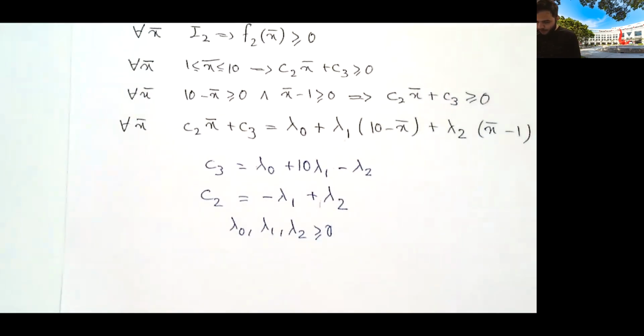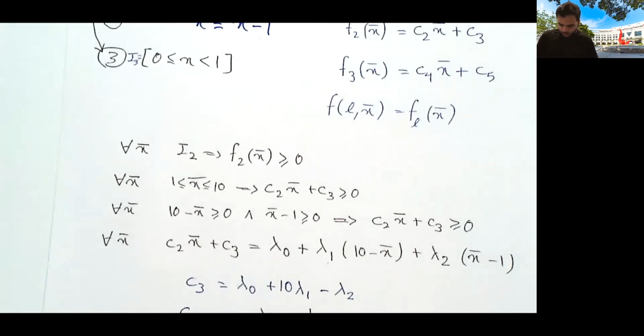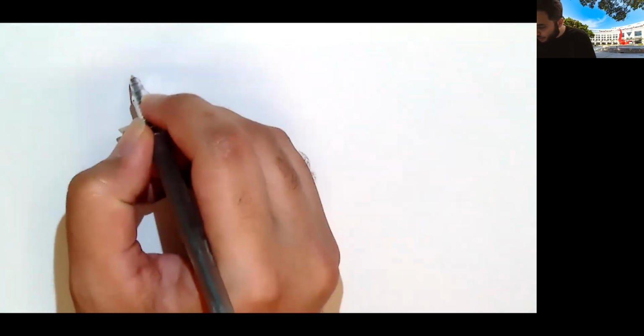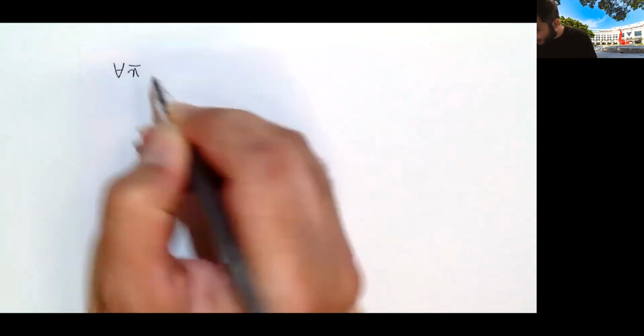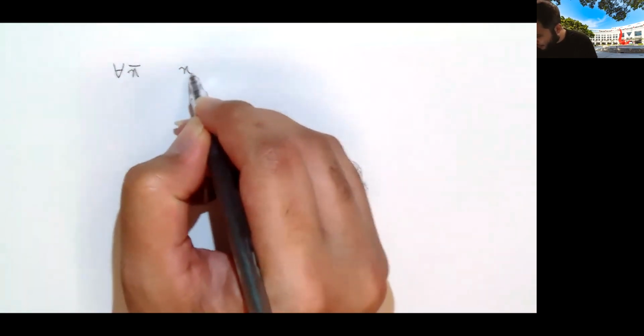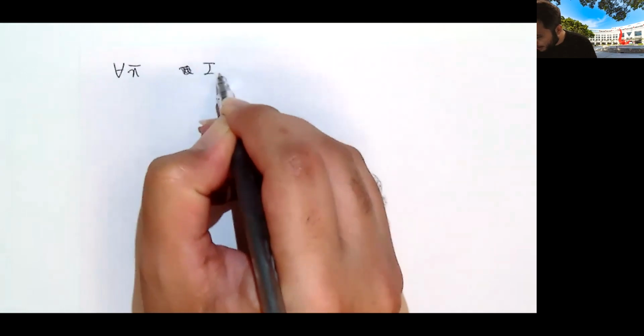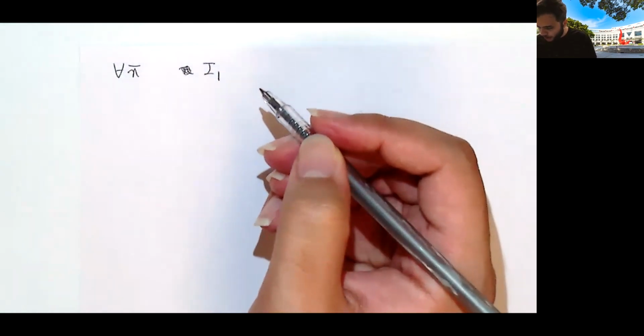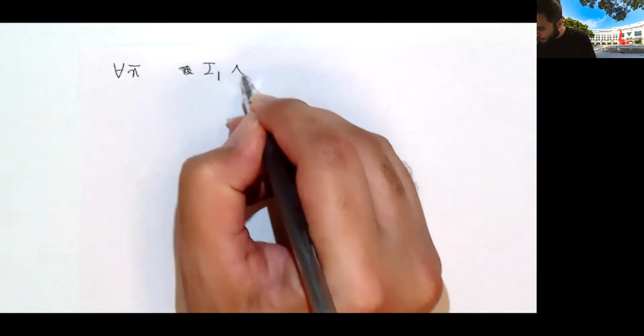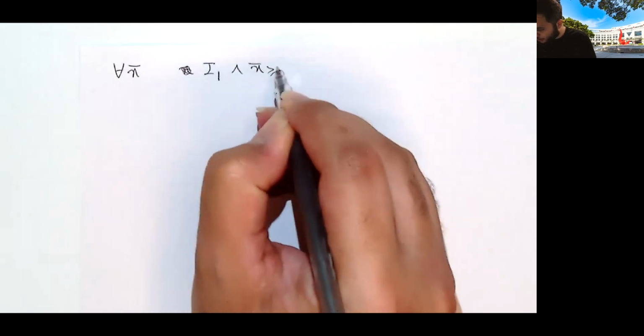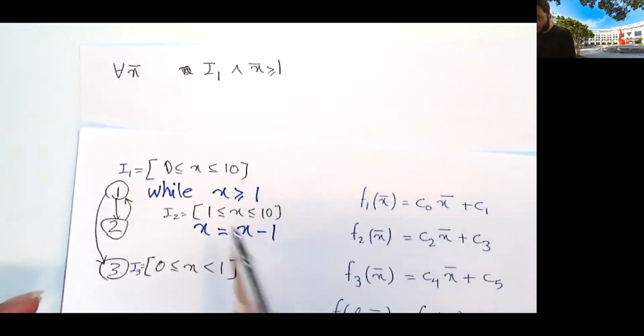Right? So let me try another paper. Okay, so this is what I have. I have for every x, if it satisfies the invariant at line 1, and also it's greater than or equal to 1, because that's the while condition.